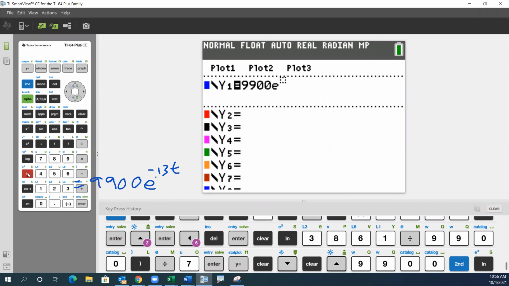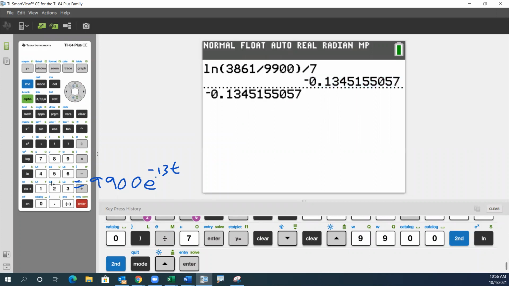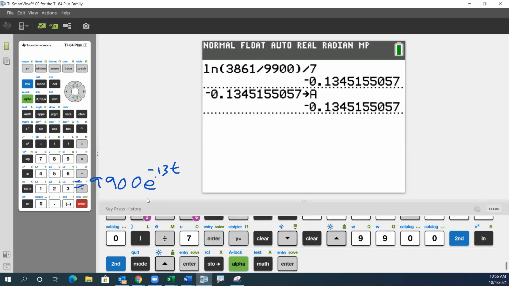And then I need this number here. So here's a little something new for you. I don't want to round it off. I want to get really accurate data, so I'm going to store that as a. You don't have to do this, but whatever. There. Anytime I hit the a, it's this whole number, not just the 0.13, but all of it.